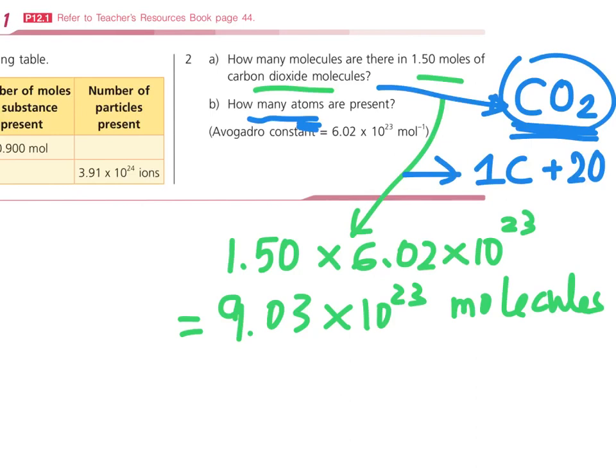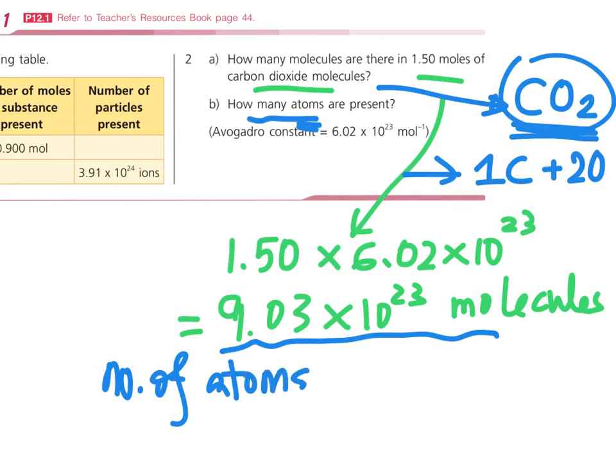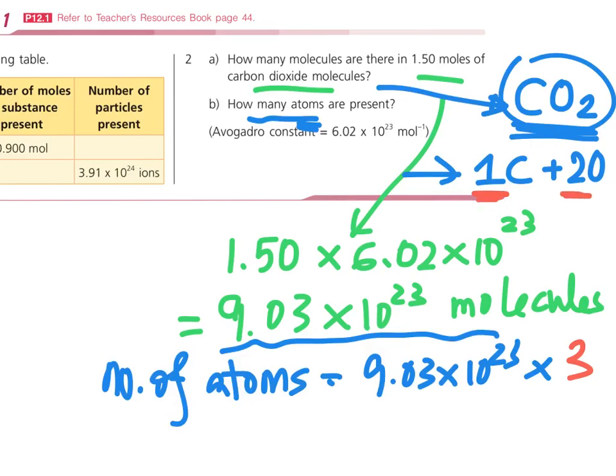As a result, the number of atoms will equal 9.03 times 10 to the 23 times 3, just because every carbon dioxide molecule has 3 atoms inside. So altogether there should be 2.71 times 10 to the 24 atoms.